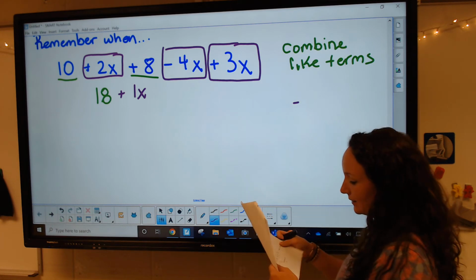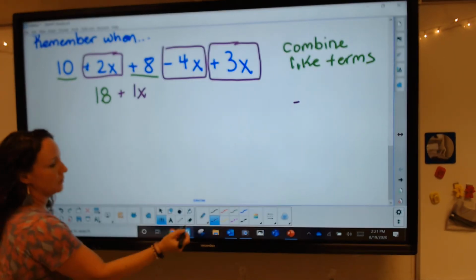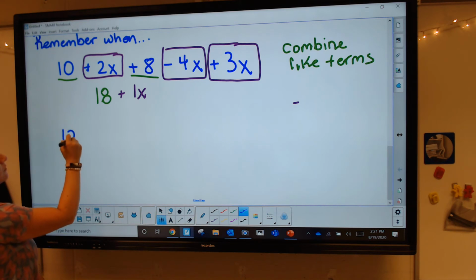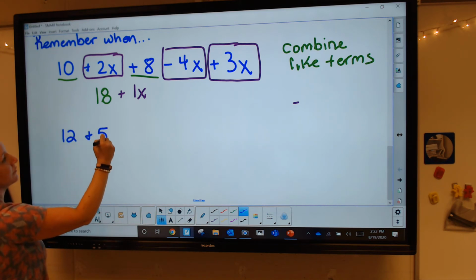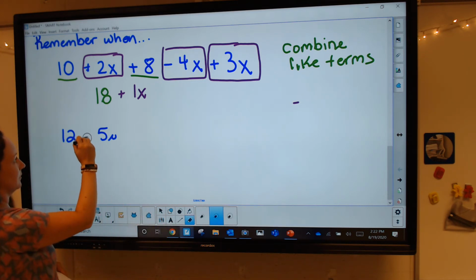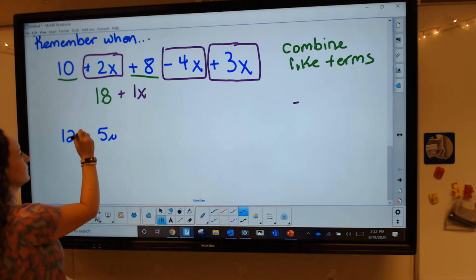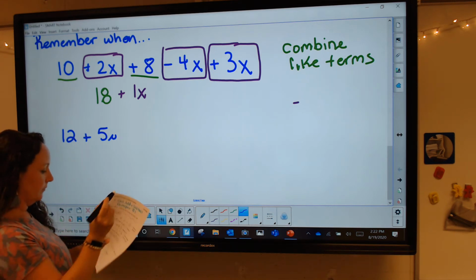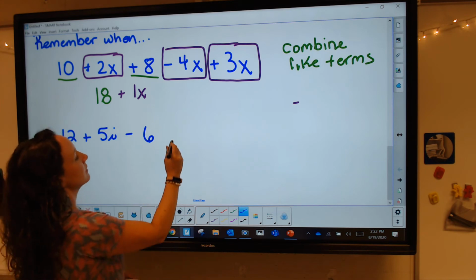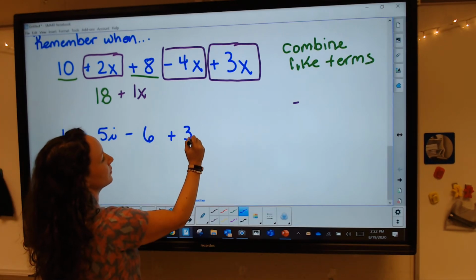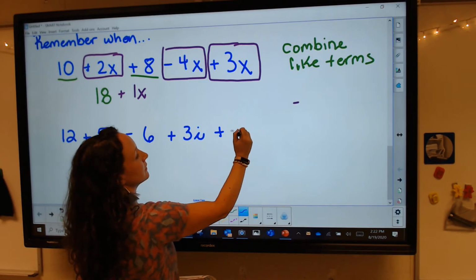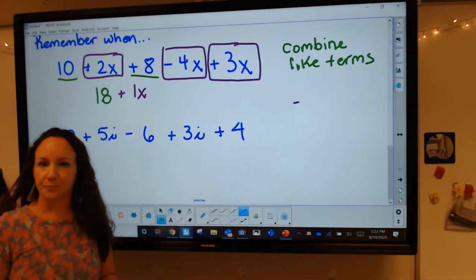So let's look at that. Instead of x, I'm just going to replace it with i. I've got 12 plus 5i, minus 6 plus 3i plus 4.